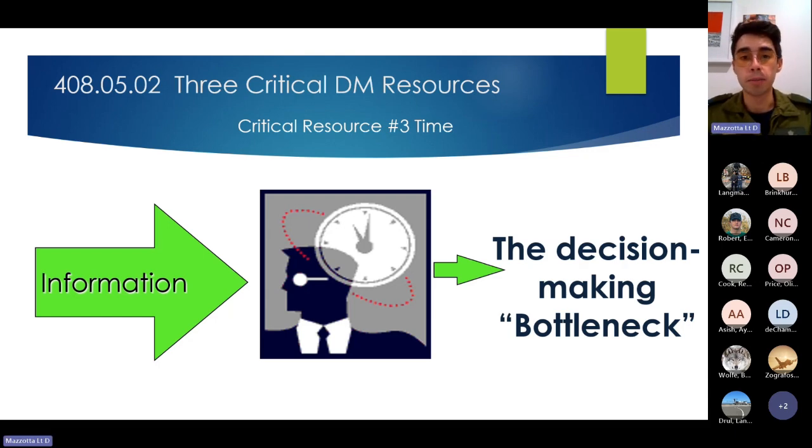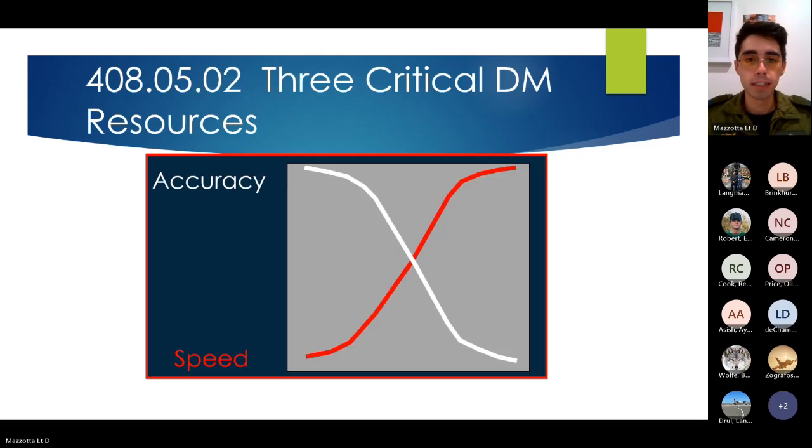So if time is determining how much information we can process, then we can either increase our knowledge or focus our attention on other aspects of what we are trying to do. Looking at the graph here, if you want higher accuracy, you're going to spend a lot more time trying to get there, whereas if you speed up, you'll be less accurate.